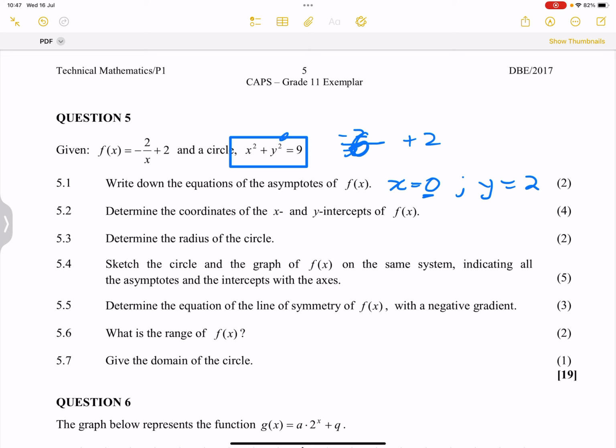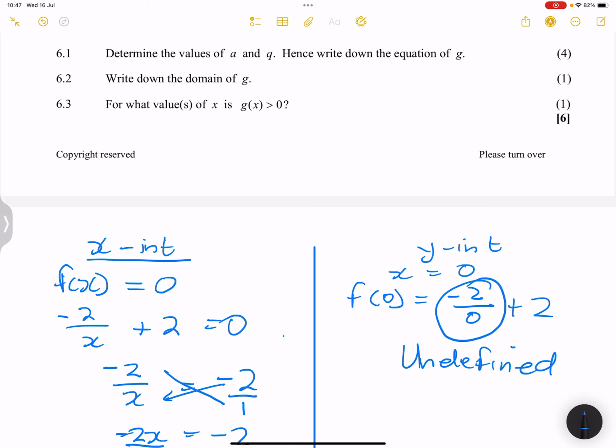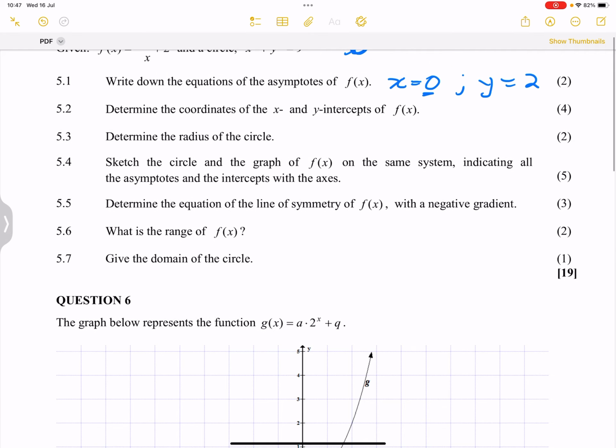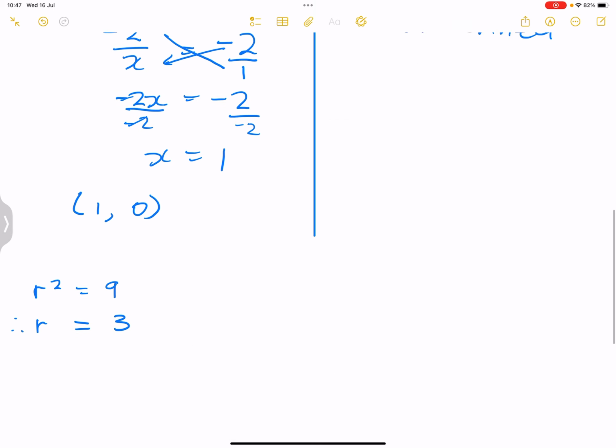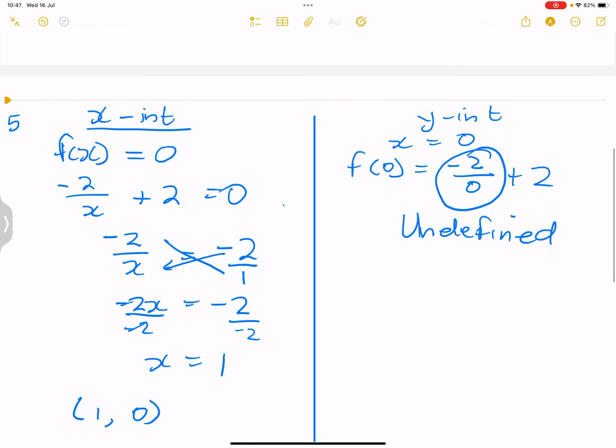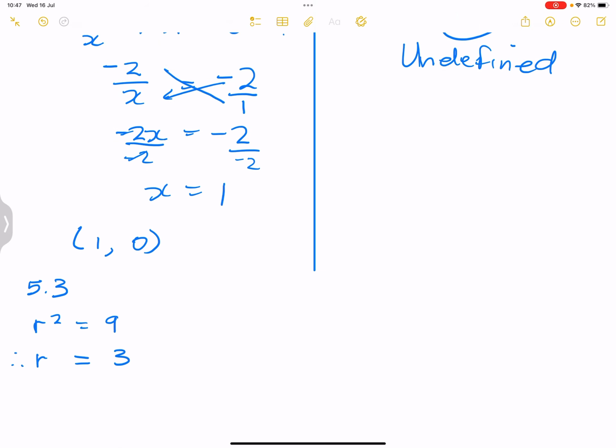So r squared is equal to 9, meaning that r would be equal to plus or minus 3, but the radius is simply going to be equal to 3. Okay, the square root of that number. All right, so that's for 5.3. Okay, this was 5.2, and we answered 5.1 onto there.